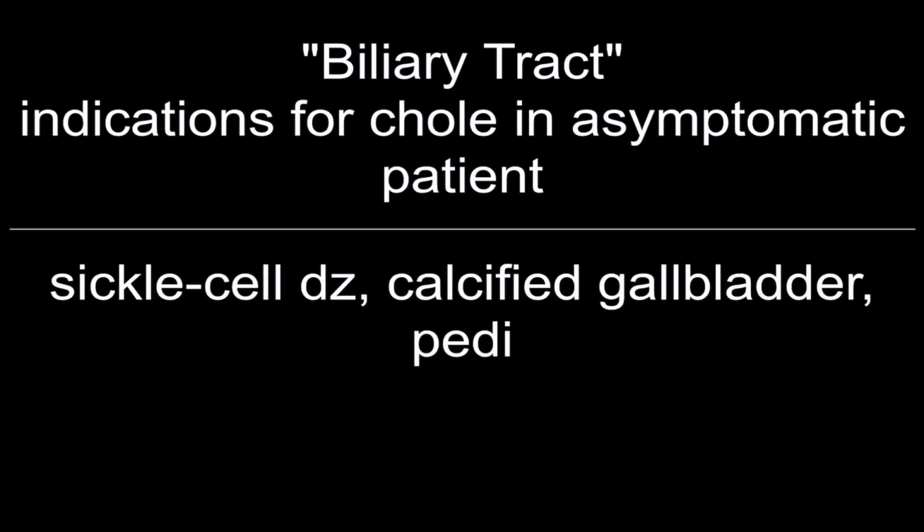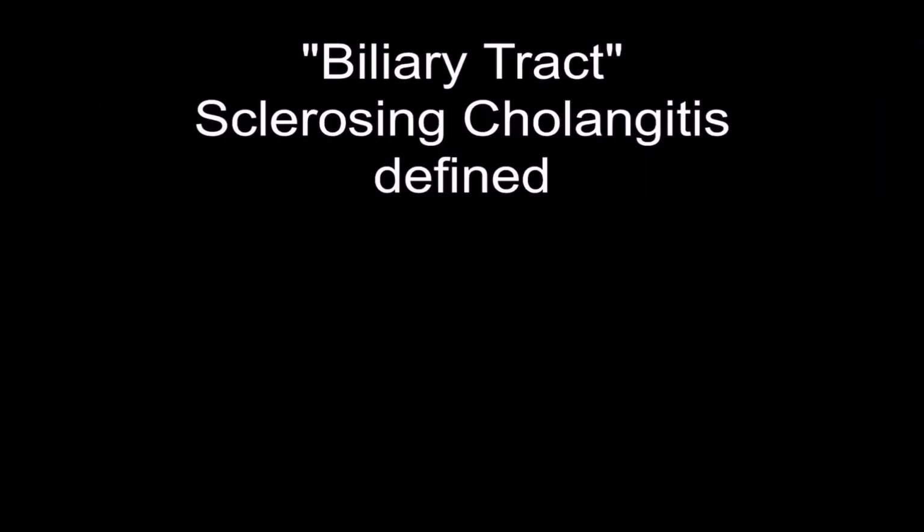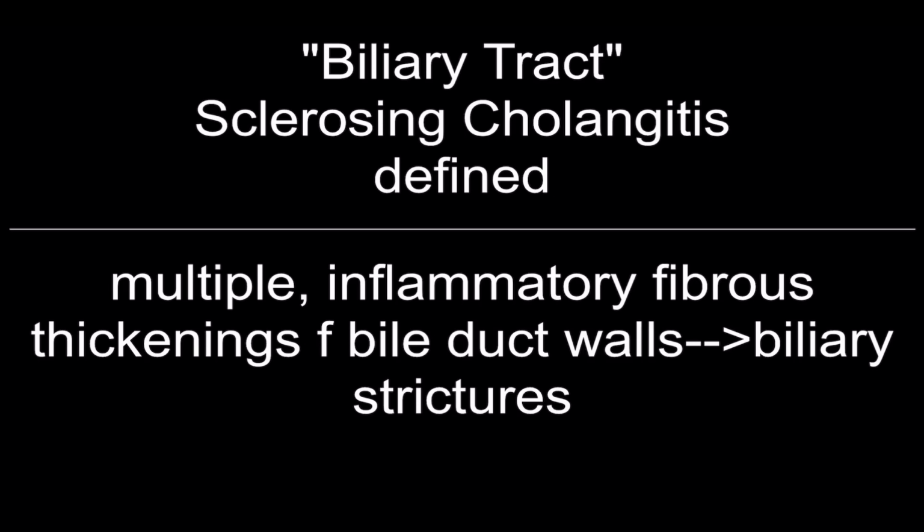Indications for cholecystectomy in asymptomatic patient. Sickle cell disease, calcified gallbladder, and kids. What is sclerosing cholangitis defined as? Multiple inflammatory fibrous thickenings, bile duct walls, leading to biliary strictures.